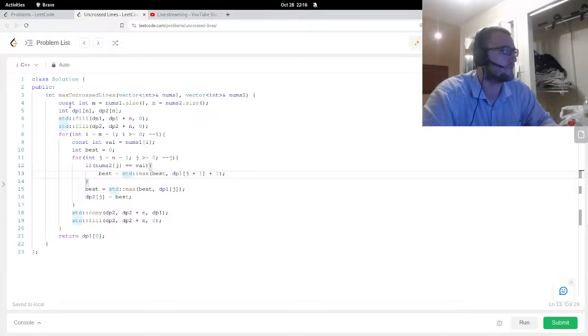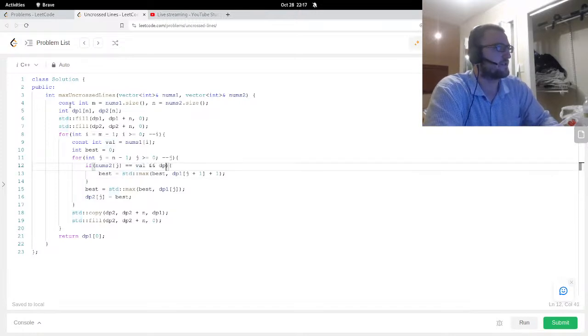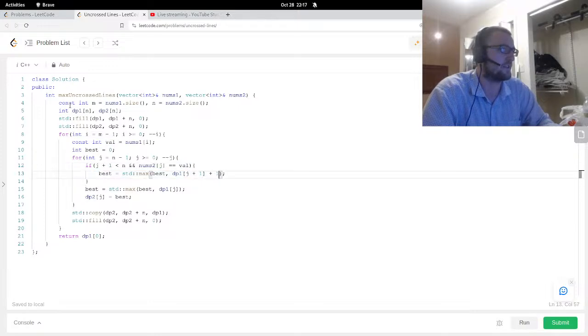Now, what's interesting about this is we just say and j plus 1 is less than n, right? Otherwise there's no dp1 of j plus 1 to look at. Yeah, we could actually increment both of these.